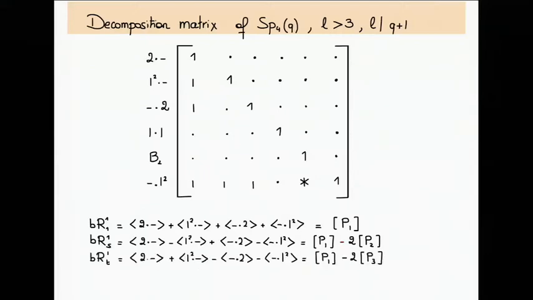If you do the same with the other simple reflection, then it's as before. There are 2 characters that you permute, and the effect is swapping the second and the third column, and you get this decomposition like this.